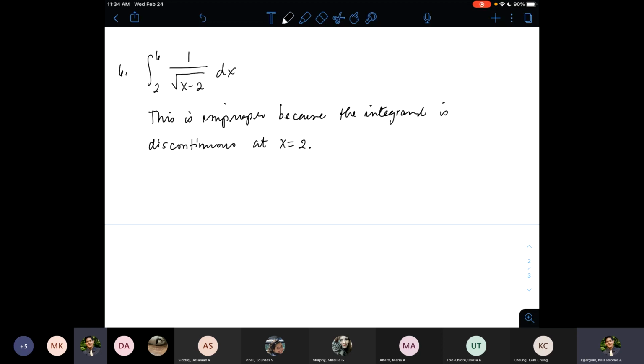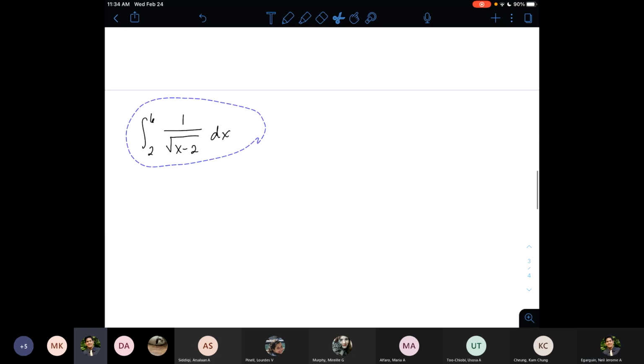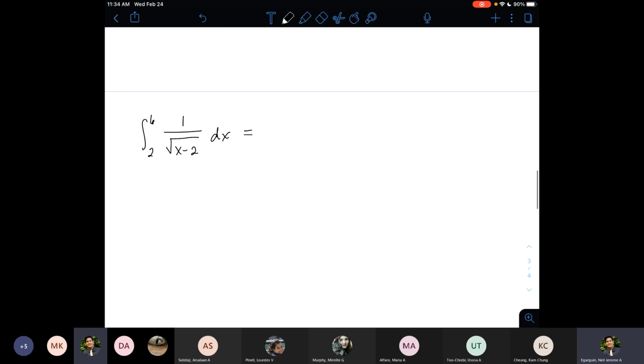And then once we identified what caused the integral to become improper, what we can do is change that number into a variable, okay, and take the limit as that new variable approaches the original number. So here, the cause of the integral being improper is x equals 2. So I'll rename 2. I'll call it by another name.